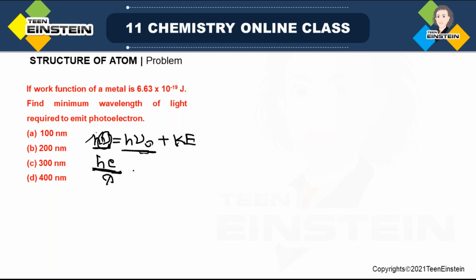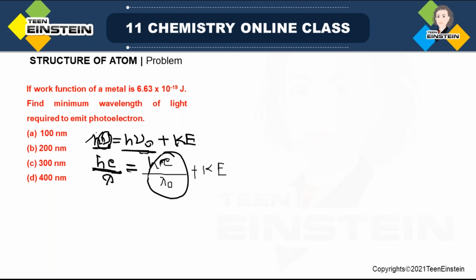So I'm writing it in terms of lambda, hc by lambda, then hc by lambda 0. Now this lambda 0 corresponds to the threshold frequency and kinetic energy. Now when it says minimum wavelength, here you have to consider kinetic energy is 0. So whatever energy we are providing is completely utilized for this part.